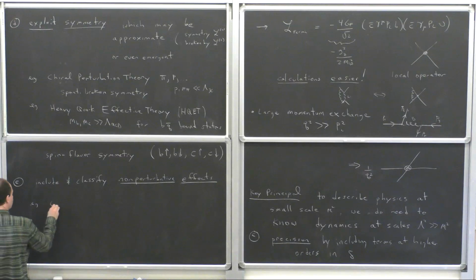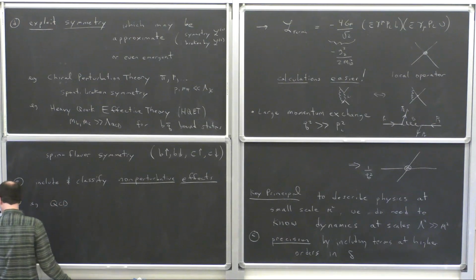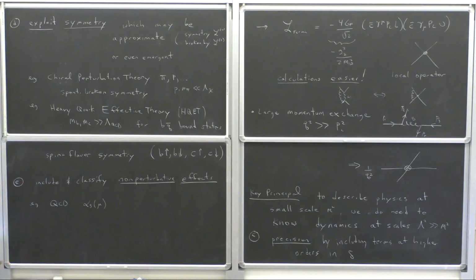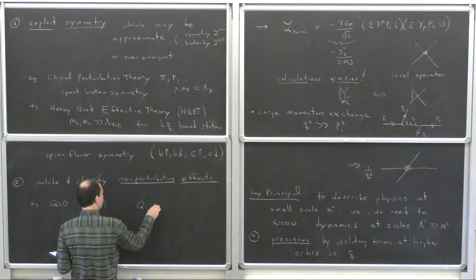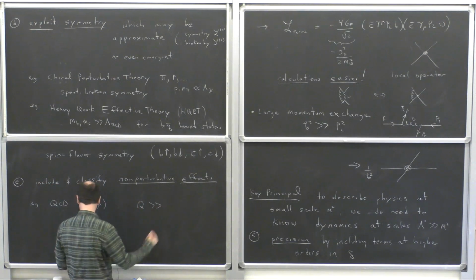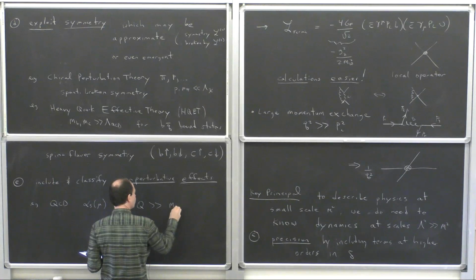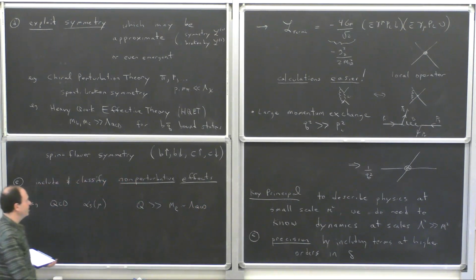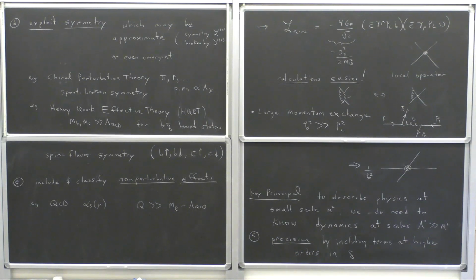So for example, if I'm thinking about QCD, QCD has a running coupling, and the coupling in some regions of parameter space is large, and in some regions of parameter space is small. So if I have two scales in the problem, say I have a scale Q that's very big, and then I have some kind of scale, maybe it's a rho mass, and it's very small, of order this confinement scale, then naturally there's couplings at Q and there's couplings at this M rho, and the couplings at Q are going to be perturbative.